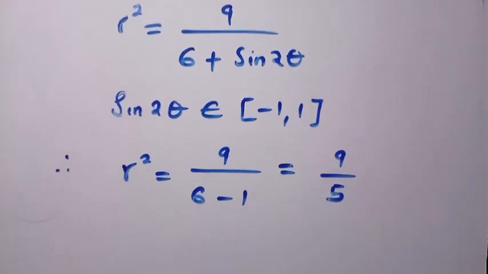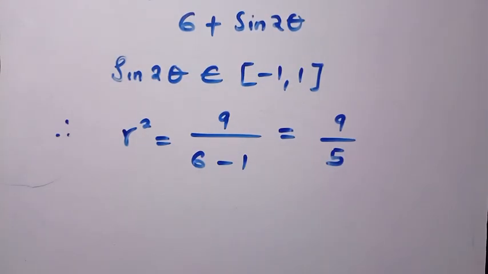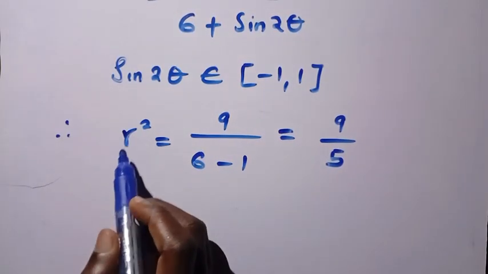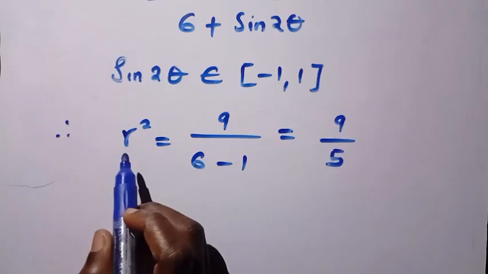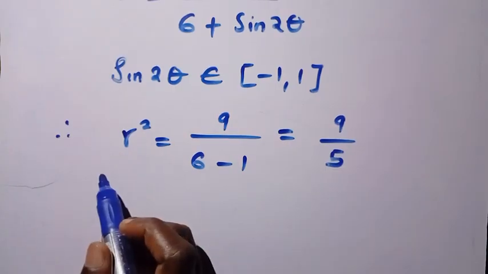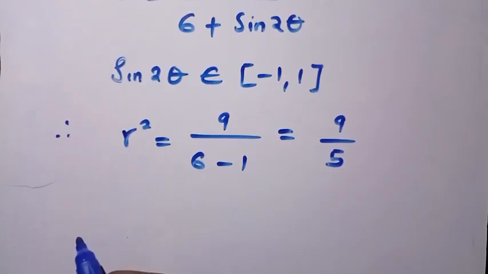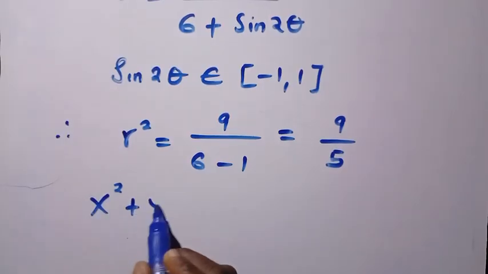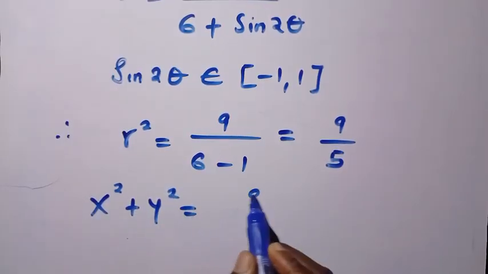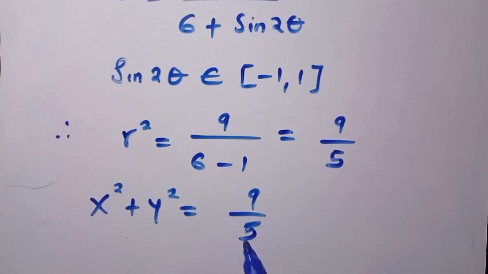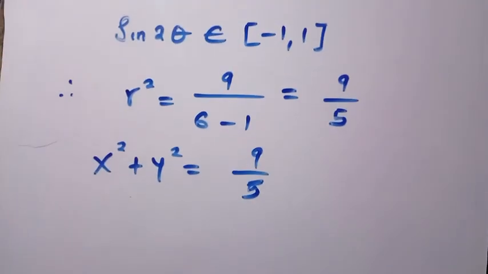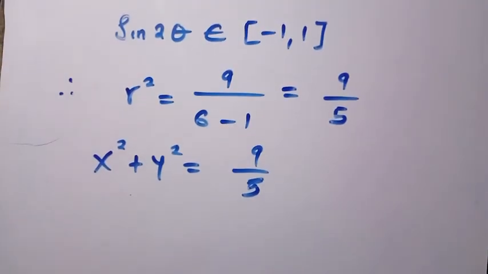But can we consider this as maximum or minimum? What we are still finding is x squared plus y squared. That is why I firstly let x squared plus y squared equal r squared. So we change this r squared to x squared plus y squared, which equals 9 divided by 5. But you can consider if it is maximum or minimum. Let's test for when sine 2 theta equals 1.